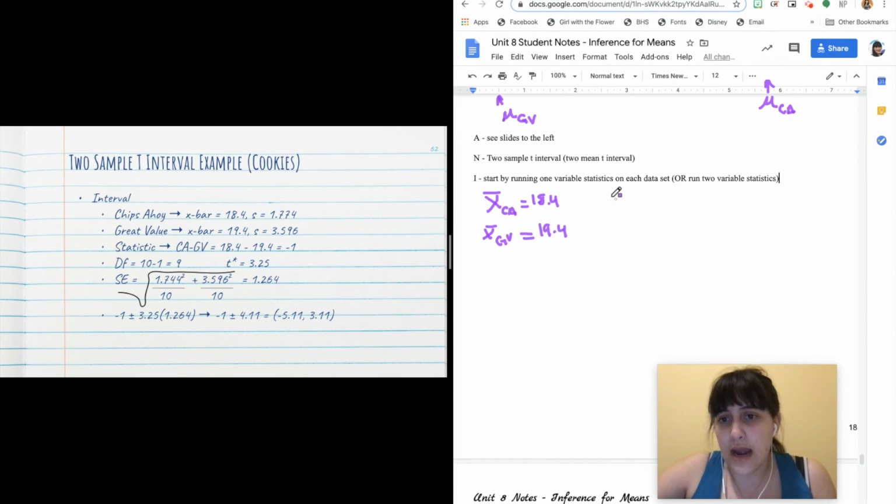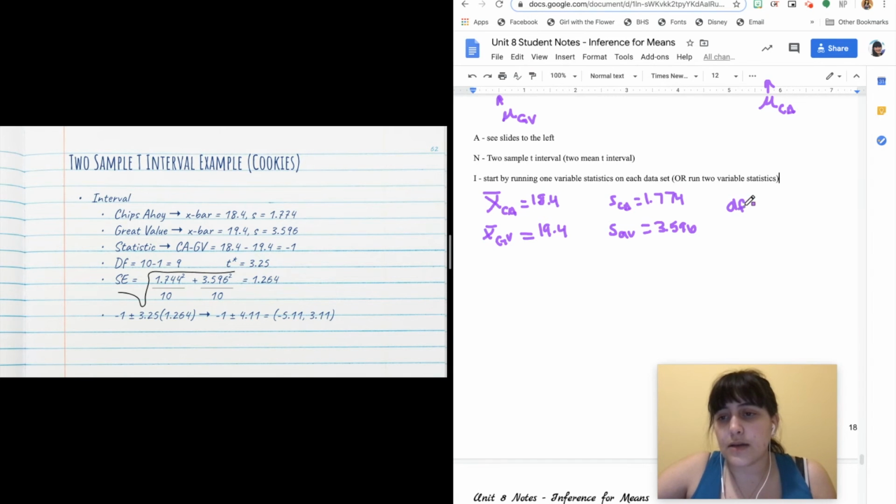But then let's record the standard deviations. The standard deviation for the Chips Ahoy cookies was 1.774, and the standard deviation for the great value cookies was 3.596.